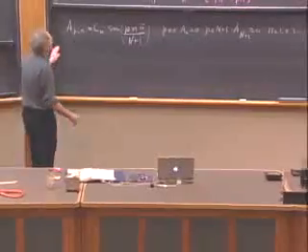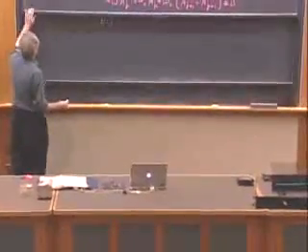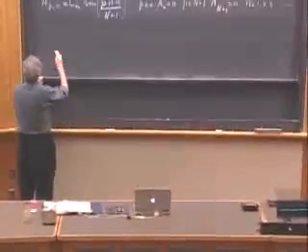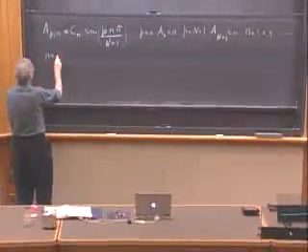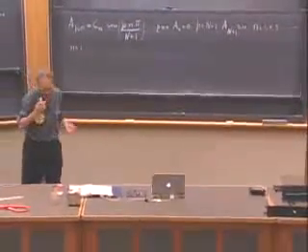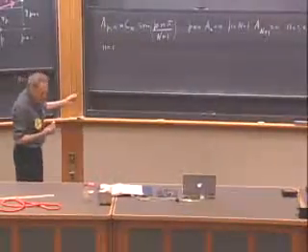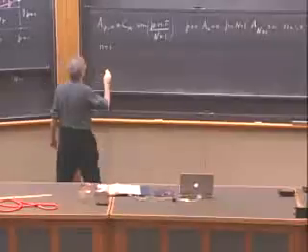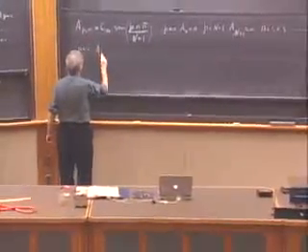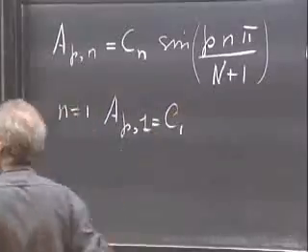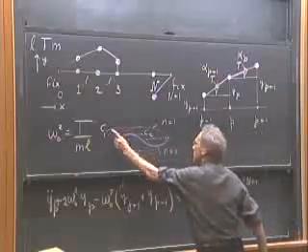For instance, if we take n equals 1, so let's take n equals 1. So we have particles, and they are all in mode 1. So then we get that a_p in mode 1 would have a C1, which is the amplitude of that sinusoid.